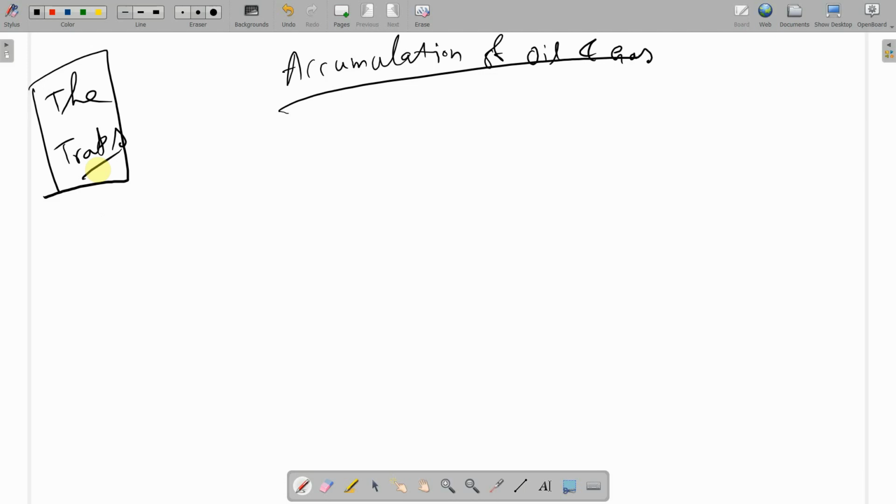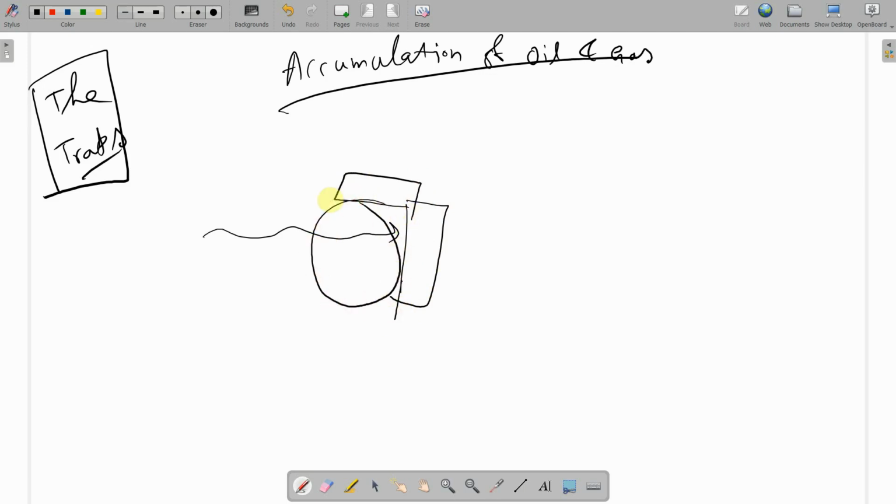So when it's facing some obstacle, means if it's flowing like this and there is an impervious layer which it cannot penetrate, then it might be stored here. If there is no place to go, then it will be staying there. So the migration of petroleum continues until it faces some obstacle.